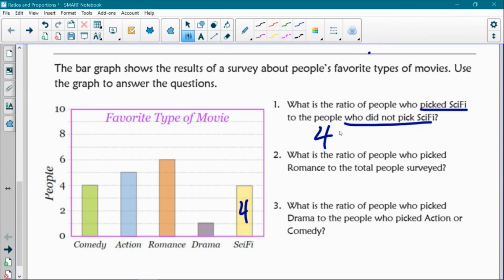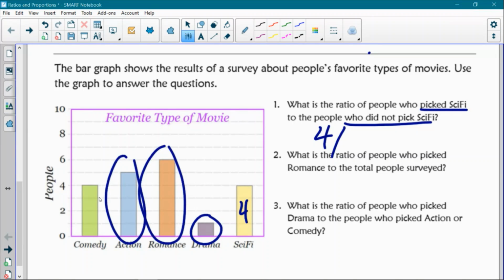And I'm going to write this as a fraction just because I naturally think of it as a fraction, as that comparison between those people who pick sci-fi, and the people who did not pick sci-fi. These 4 groups put together. That's 1 plus 6, that's 7, plus 5 is 12, plus another 4 is 16. So you could write it like that, 4 compared to 16, or 4 to 16.